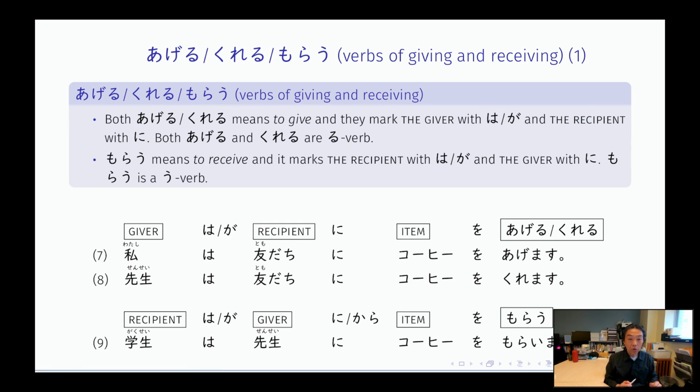Okay, so in Japanese we can do the same thing. So basically, ageru, kureru, morau do the same thing as to give and to receive.